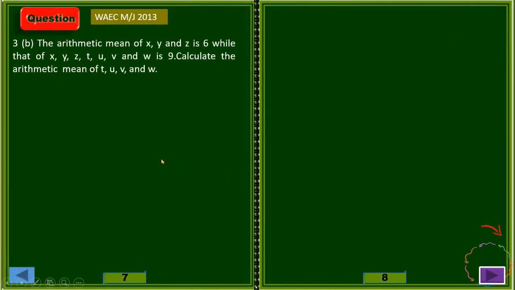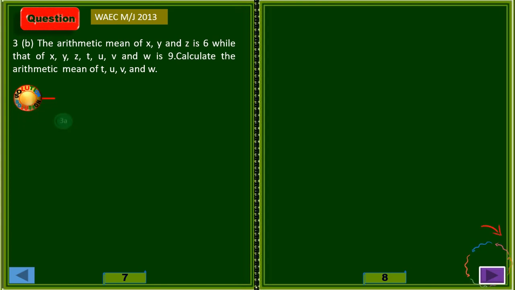Question number 3B. The arithmetic mean of x, y and z is 6, while that of x, y, z, t, u, v, and w is 9. Calculate the arithmetic mean of t, u, v, and w.